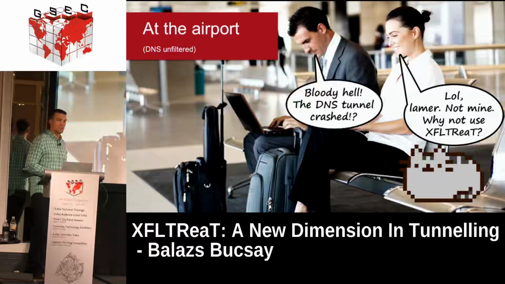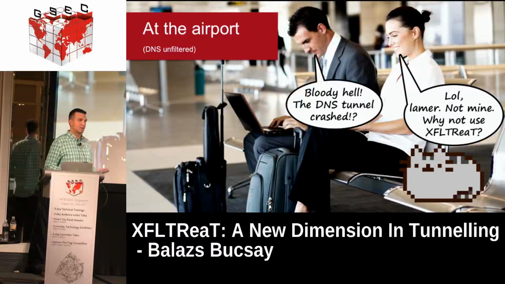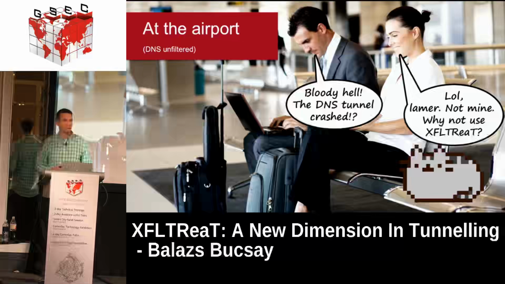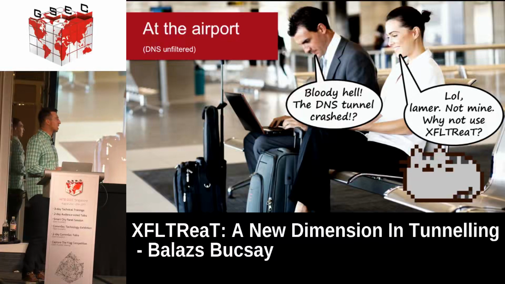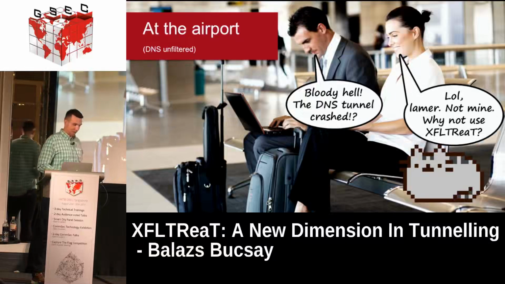And this is coming back to me every time I go to an airport. DNS tunneling is working almost everywhere. And I was pretty happy because I set up my DNS tunneling solution. But when I connected, it didn't work. Probably it crashed, so I was unhappy again.